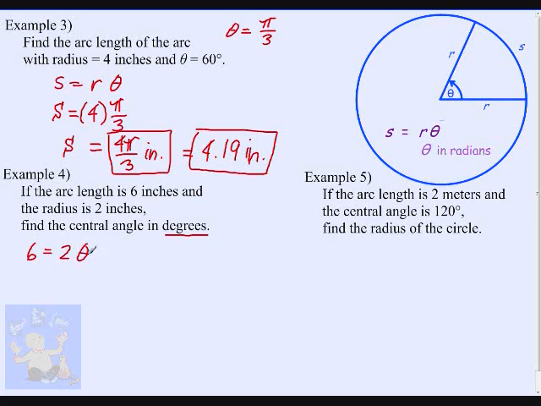What is the central angle? Well, it must be 3, and anytime you're working with this formula, that's radians. 3 radians is equal to how many degrees?